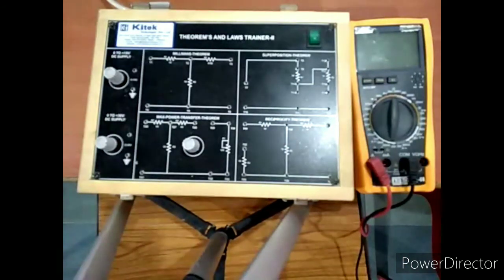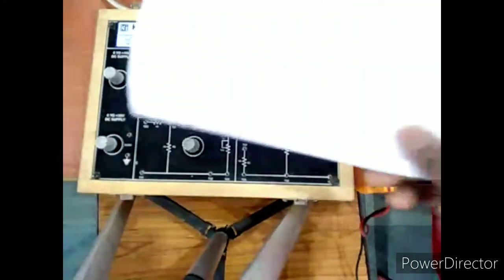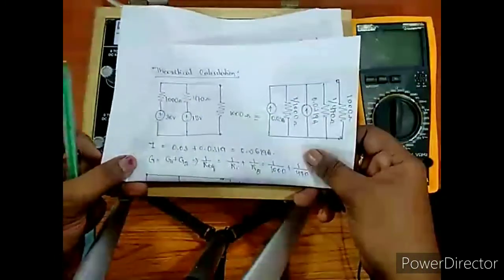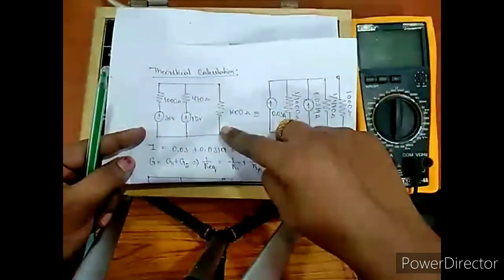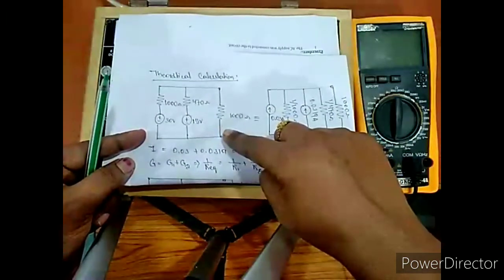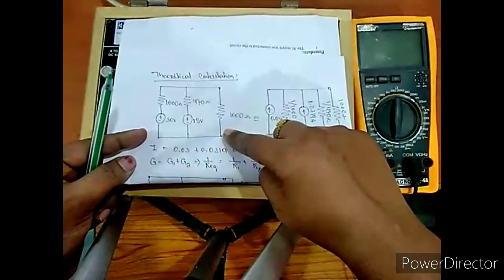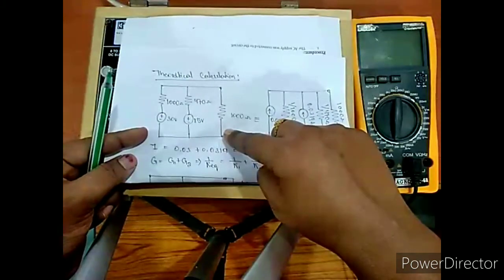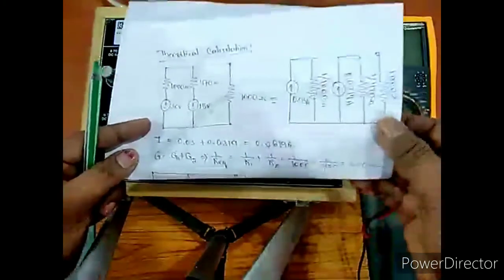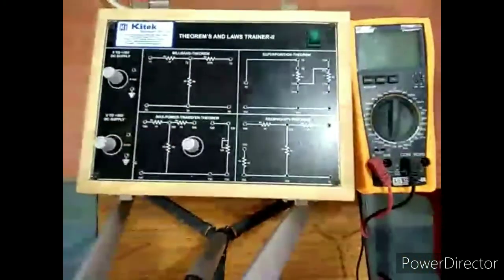So let us see how the theoretical circuit for this experiment looks. See students, it looks like this circuit. This is the theoretical circuit for this experimental circuit. So now we start the experiment.